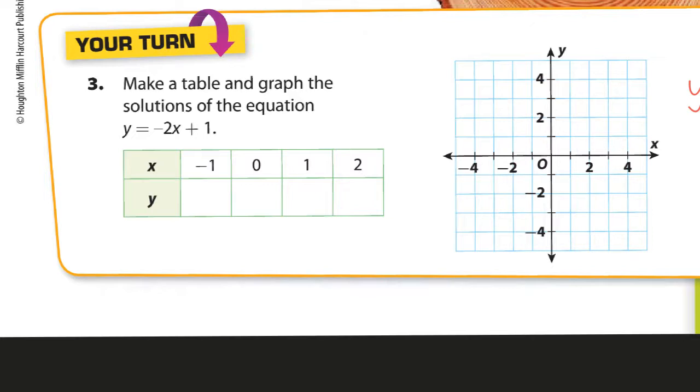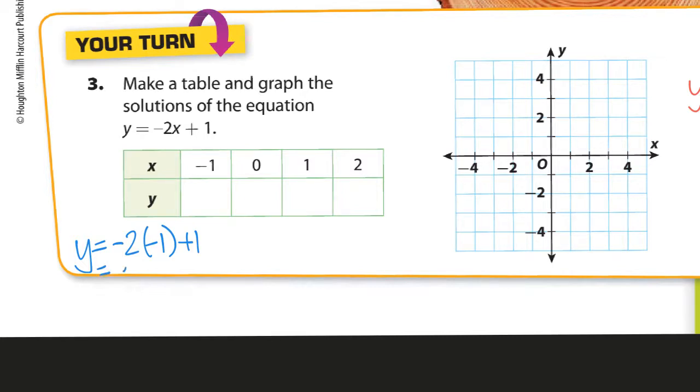So let's see what we would have. I'll do this in blue. We have y equals negative 2 times x, but x is negative 1, plus 1. Instead of x, I'm placing negative 1 in there.